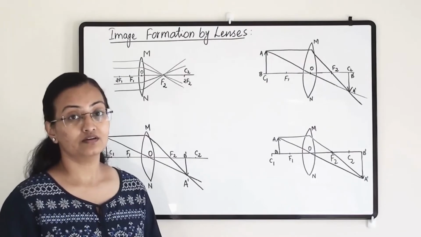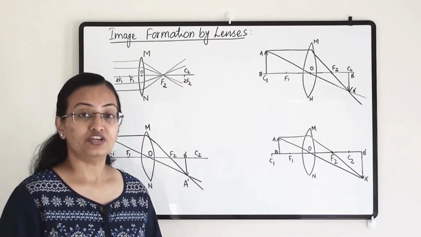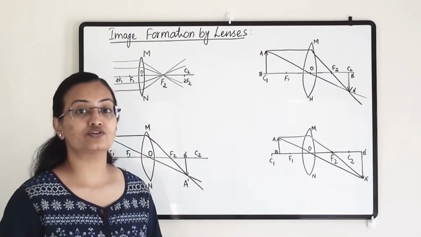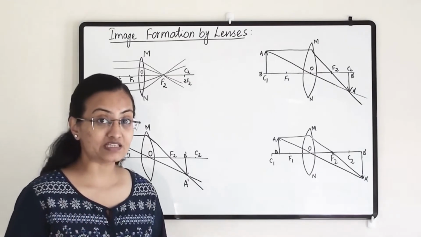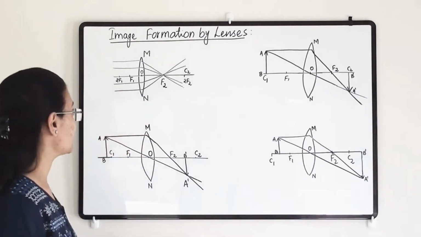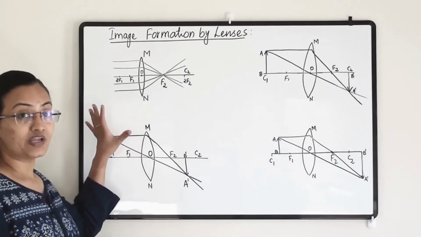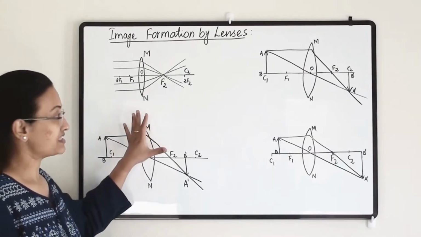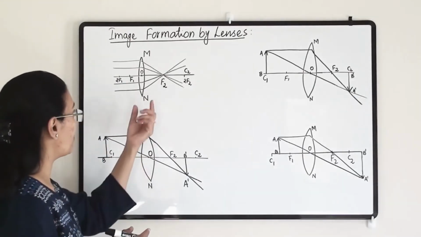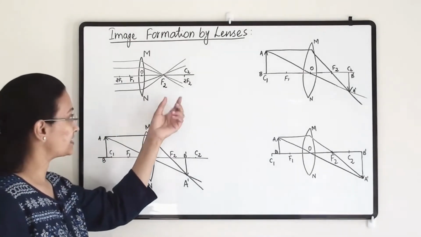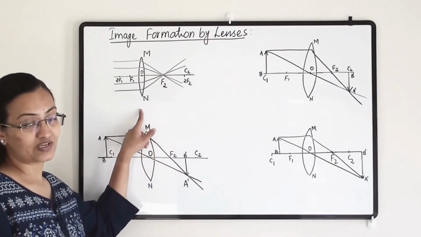Refraction by the convex lens. Here we are going to discuss the nature, position and size of the image when we keep the object at various places in front of the convex lens. First we check that when parallel rays fall on the convex lens, all the rays get collected at one point on the other side of the lens, and that point is the focus point of this convex lens.